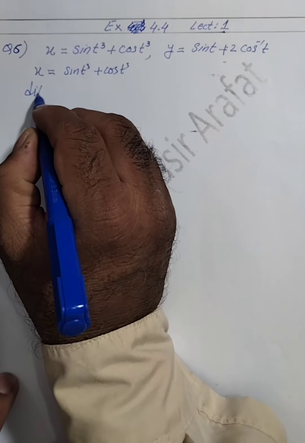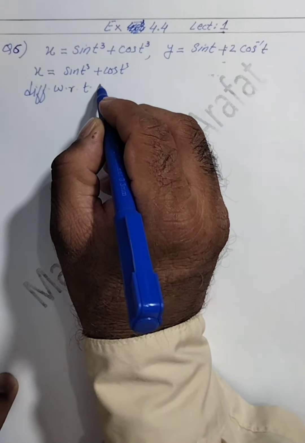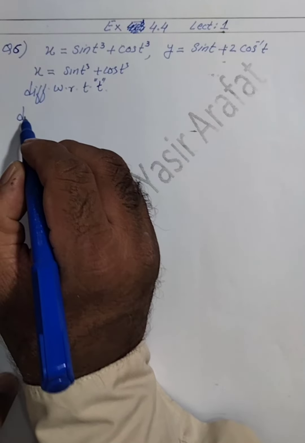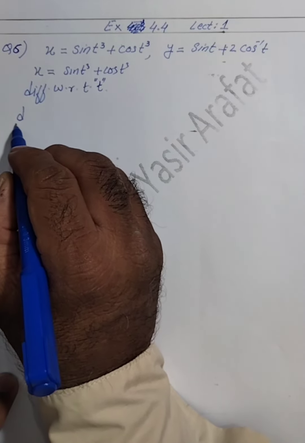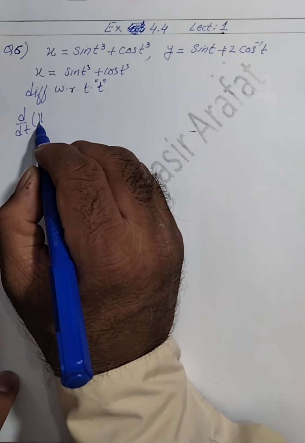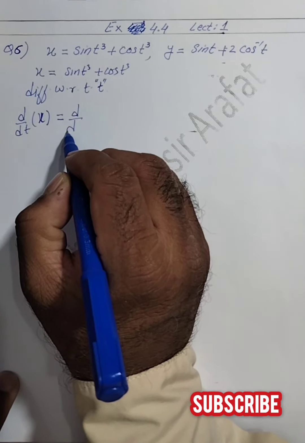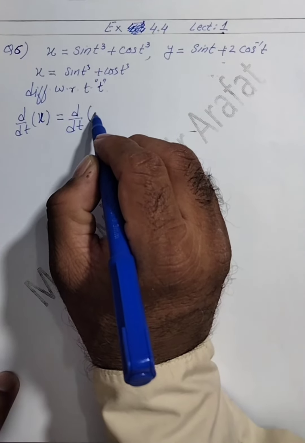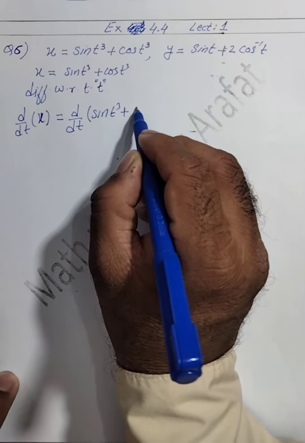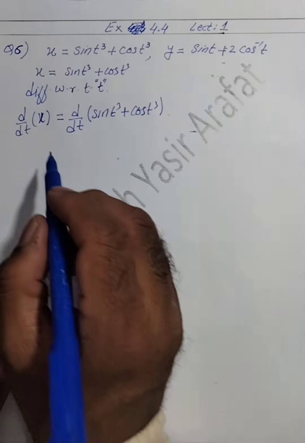So here differentiate with respect to t. So this is dx over dt. So we have to apply the operator d over dt on both sides, like this.